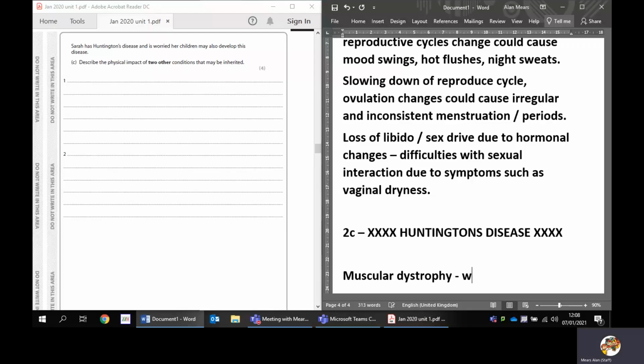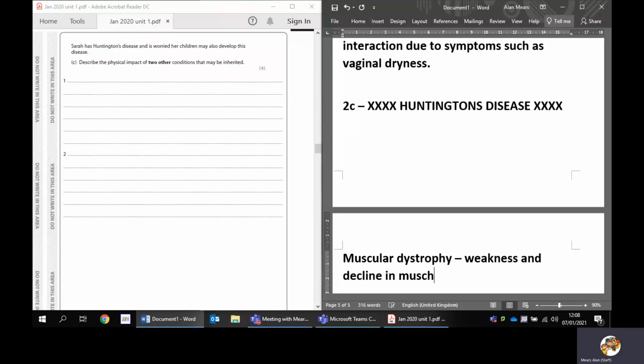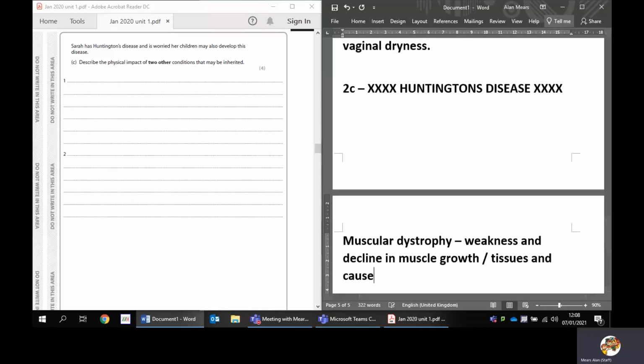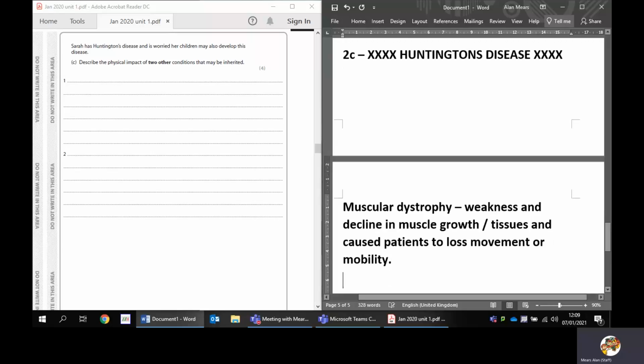That causes a weakening and decline in muscle growth and tissues, and causes patients to lose movement or mobility. So that's one condition we can use.